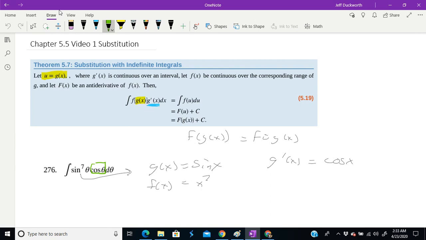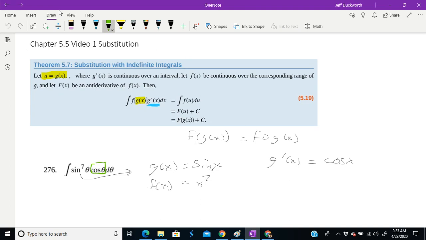Now, typically our strategy is to find a product where the derivative of one equals the other, or equals something very similar to the other. Here it's going to be fine, but in others we may have a constant multiple of it that we'll have to deal with, which shouldn't be too bad. And there's others where we have to change the substitution. I'm not going to cover that in this class, but there are other ways as well.